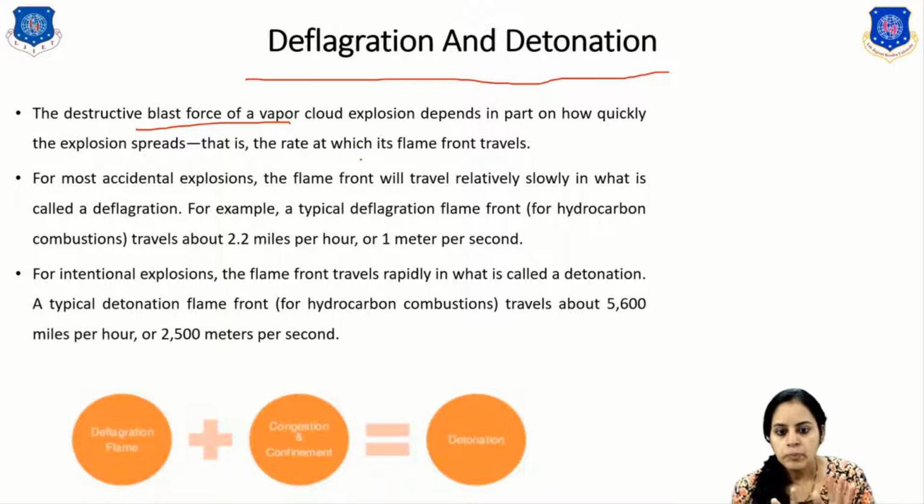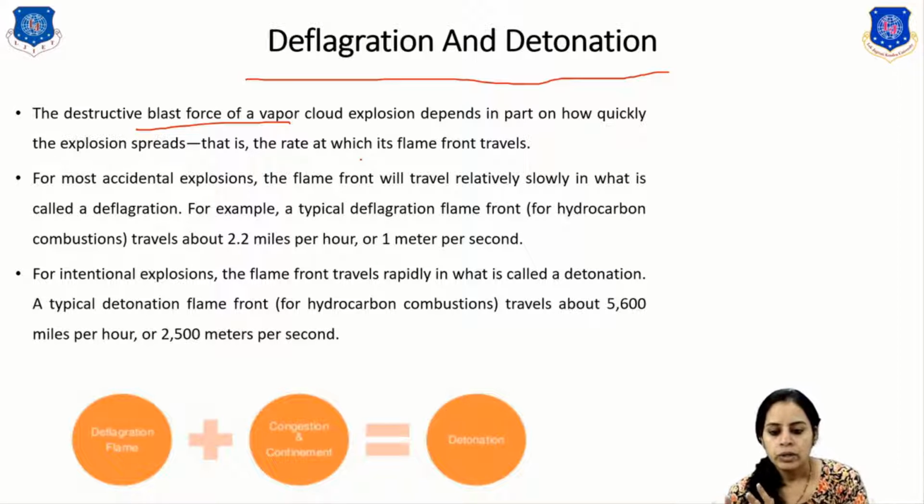For example, a typical deflagration flame front travels about 2.2 miles per hour or 1 meter per second, right? For intentional explosions, the flame front travels rapidly in what is called a detonation. A typical detonation flame front travels about 5600 miles per hour or 2500 meters per second.